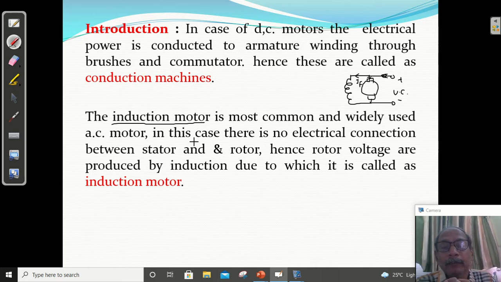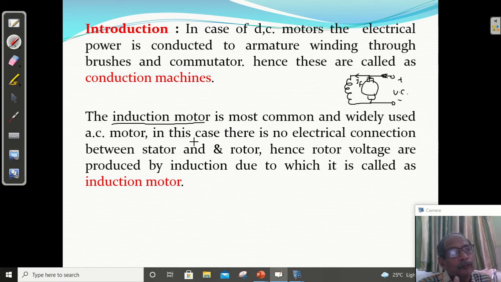So we are giving supply to the stator, and a rotating magnetic field will be produced. We will discuss later on how the rotating magnetic field is produced. Because of that, the flux will be cut by the stationary rotor.